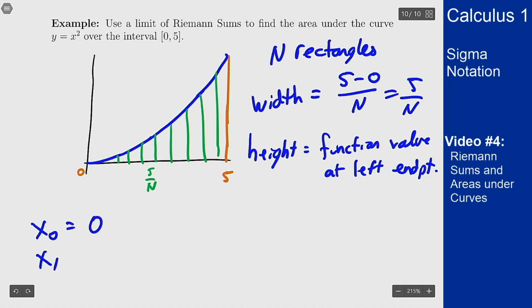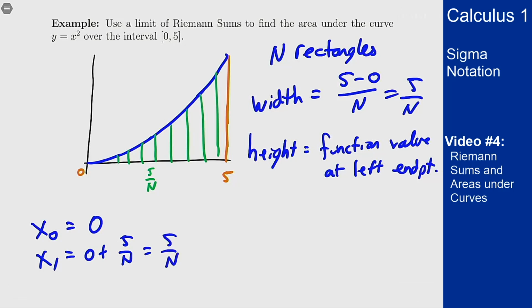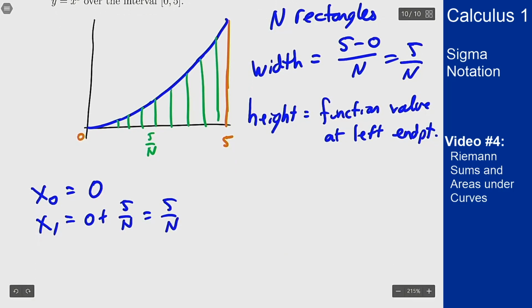What's my next left endpoint? Well, if the rectangle is all of width 5 over n, the next one's going to be 0 plus 5 over n, because that's the width of the first rectangle. That'll get me to my next left endpoint. This is 0 plus 5 over n, or 5 over n. What's the next one? Well, the next one's going to be 5 over n further than the first one. So I'm going to get 0 plus 5 over n plus 5 over n, or 2 times 5 over n.